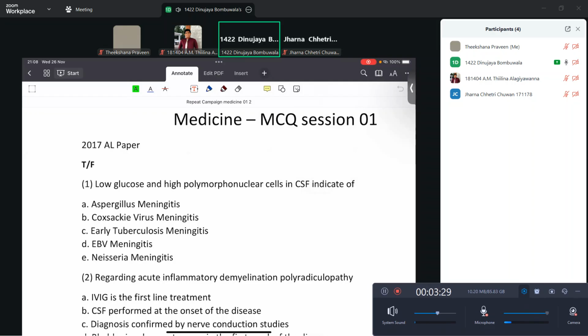When you are marking true/false, you have to mark at least 60%, and more than 60 if possible. Because if there are 100 stems and you have marked only 50 stems, and five of those are wrong, you are going to get only 40 out of 100. It's not enough, no?